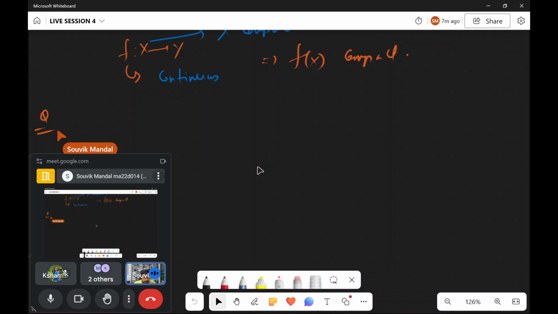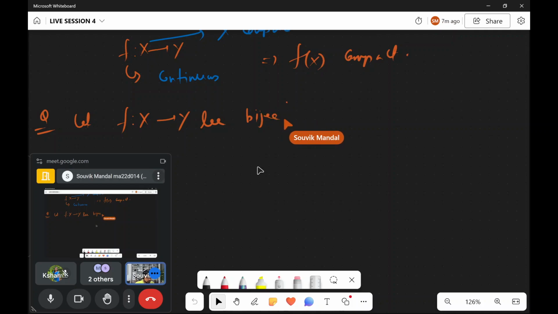The next fact is the following. Let f from X to Y be a bijective continuous function.